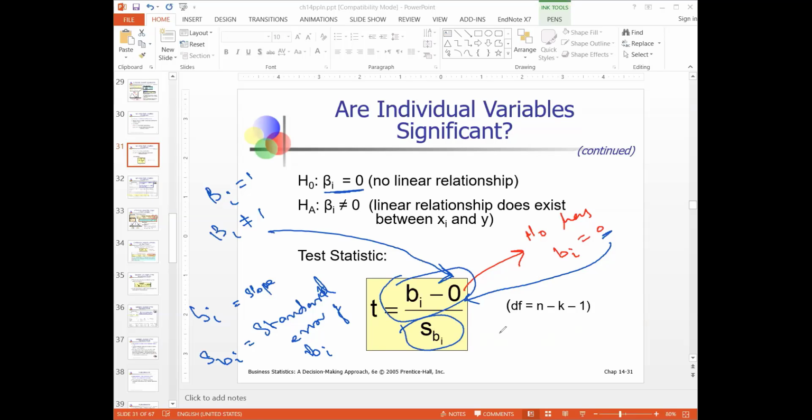We want our excess slope, which is slope minus 0, to be more than its variation. The more the variation is, the more unreliable the slope is. So we need to make sure our t value is big. Okay, let's move forward.